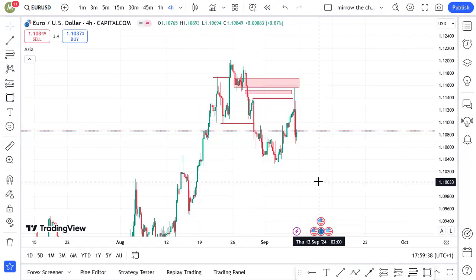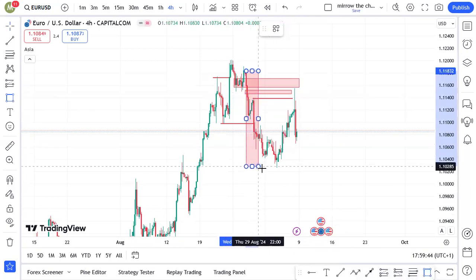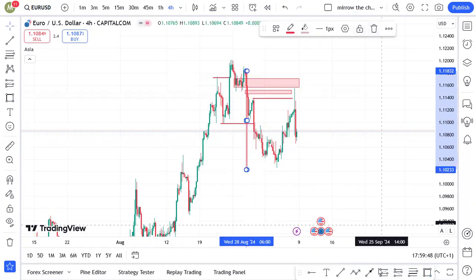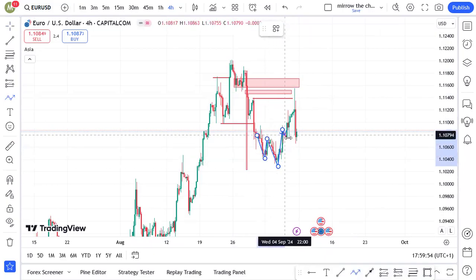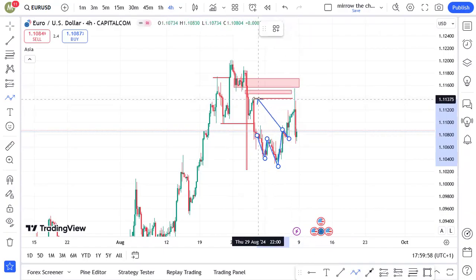Now, look at how price, after rallying down, did what? Price moved back into that range, clearing these internal liquidities, these swing points here. See how price cleared the swing points, the internal liquidity.